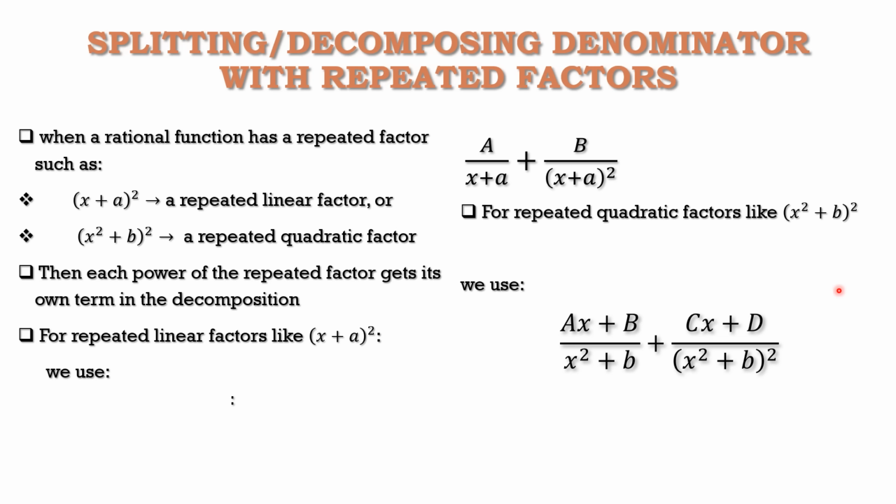If the power was 3, the next one will be Ex + F divided by (x² + b) power 3, and so on. So the concept is we use constants to separate linear factors, and we use linear expressions to separate quadratic factors, as you see here.